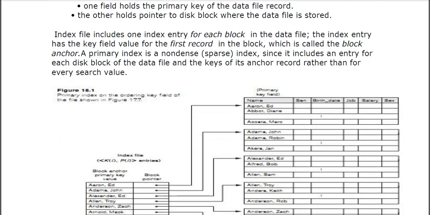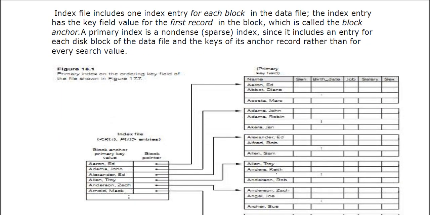in this diagram, this is your original table, the employee table. Assume that name is a primary key here. You see the right side of this image, name is the primary key.